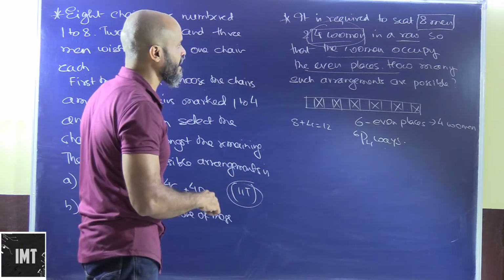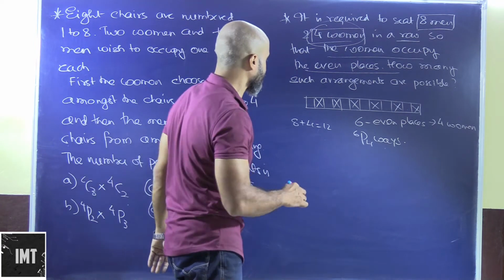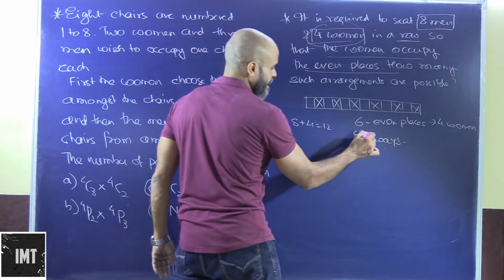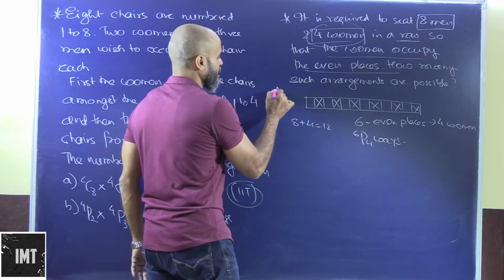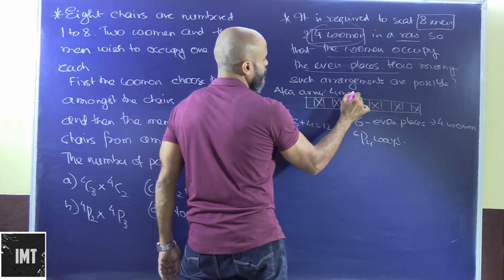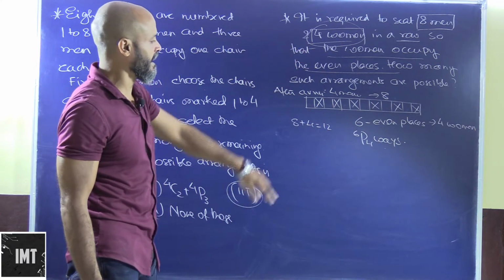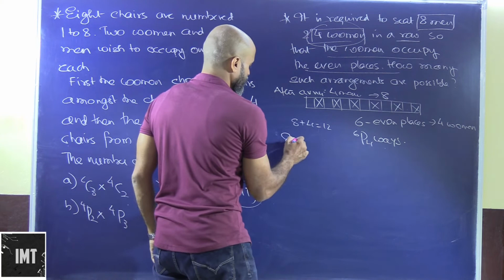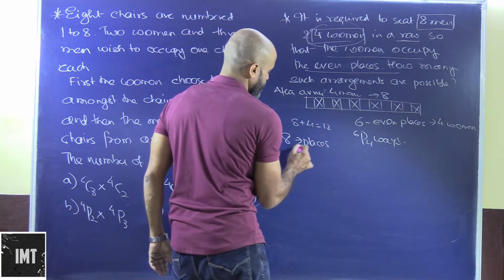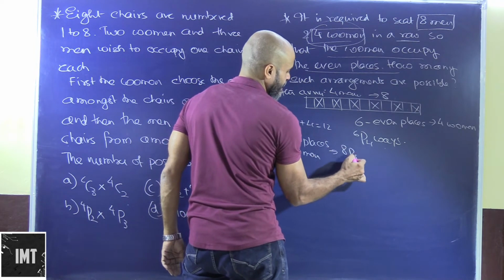Now what will remain is, obviously we have arranged, so after arranging the 4 women, the number of places left will be 8, in which we have to adjust 8 men. So 8 places to be adjusted by 8 men, and this can be done in 8P8 ways.